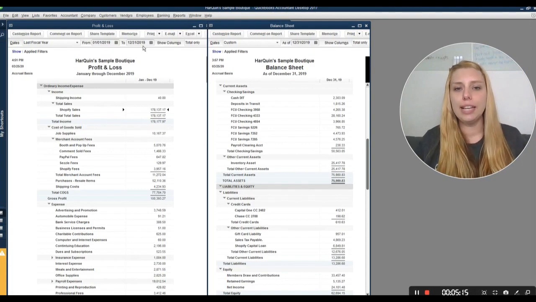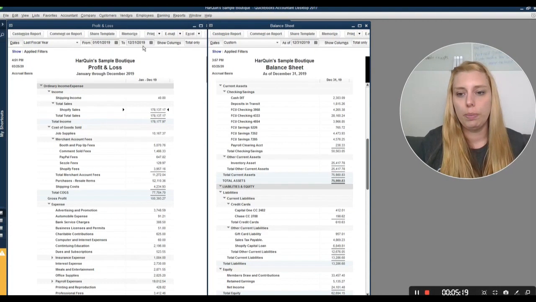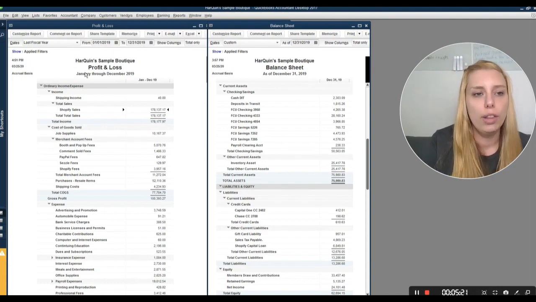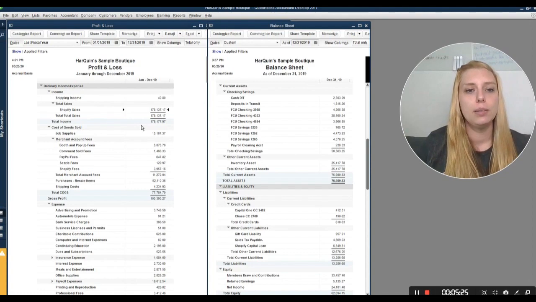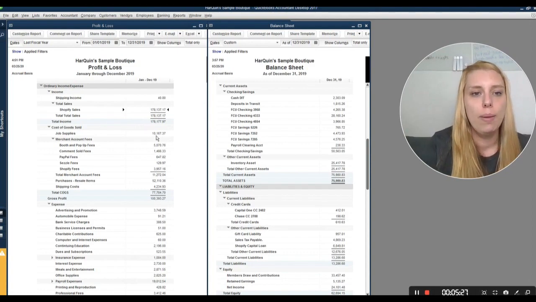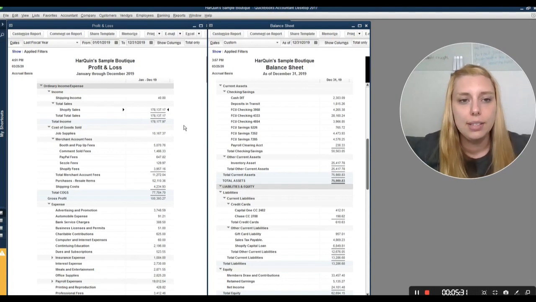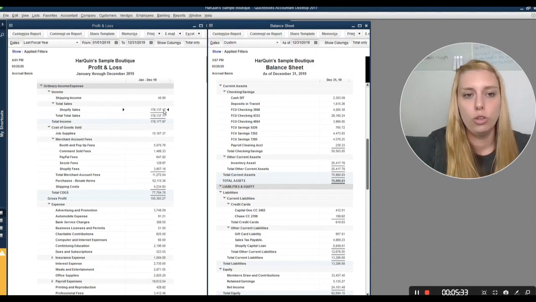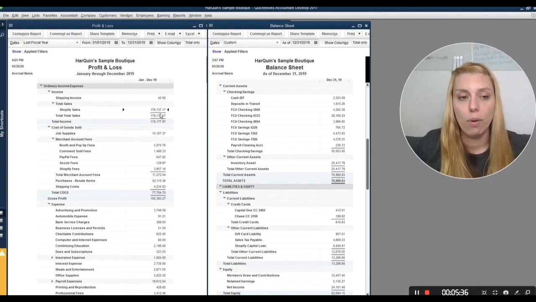Okay, so let's dig into the P&L. Now that we know what the two main reports are, we're going to start with just income today. Where did these numbers come from? I can tell you off the rip that this boutique uses Shopify as its main platform.